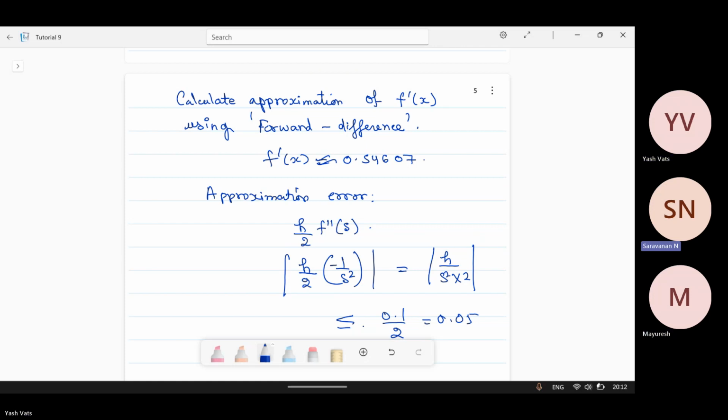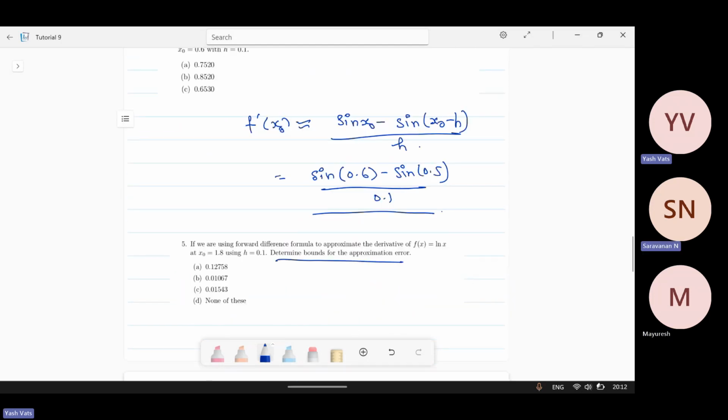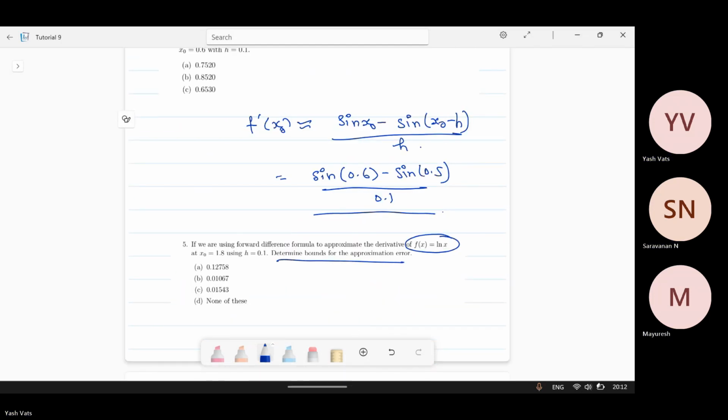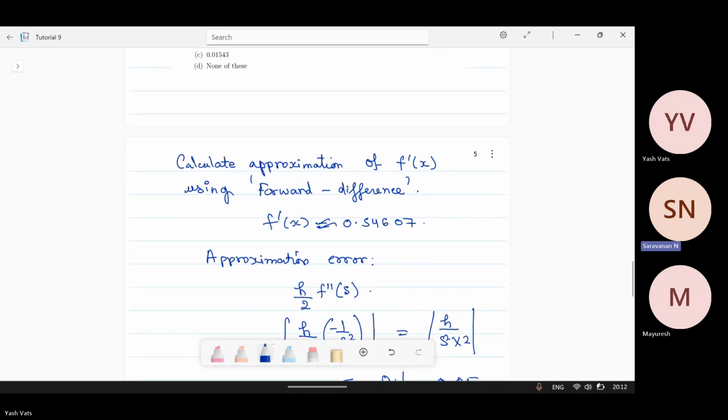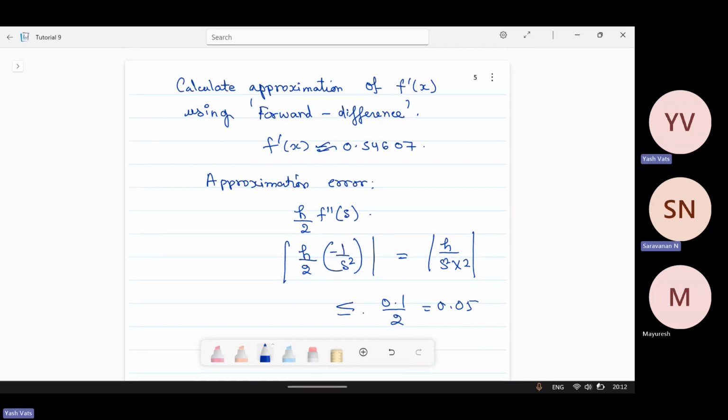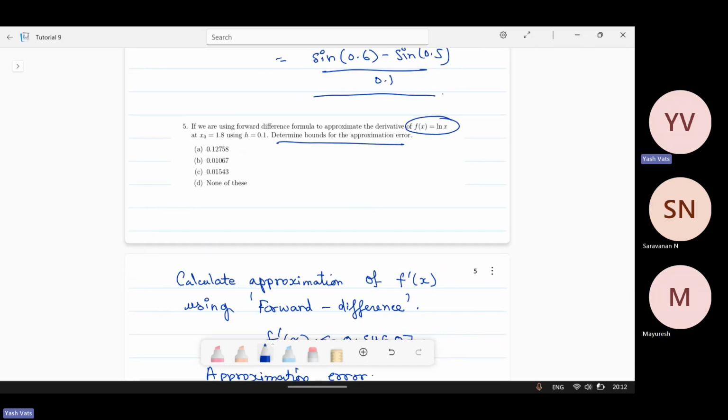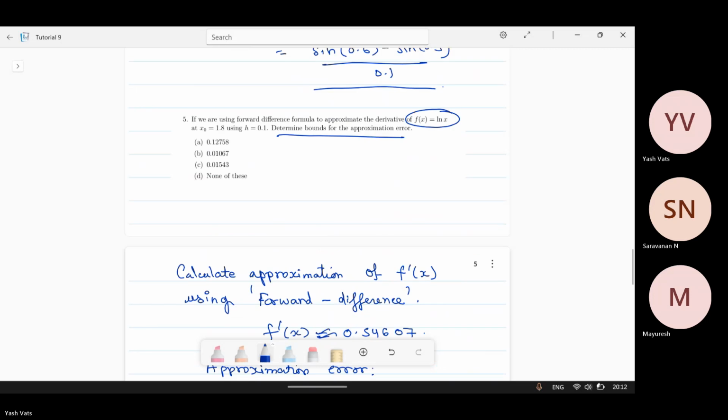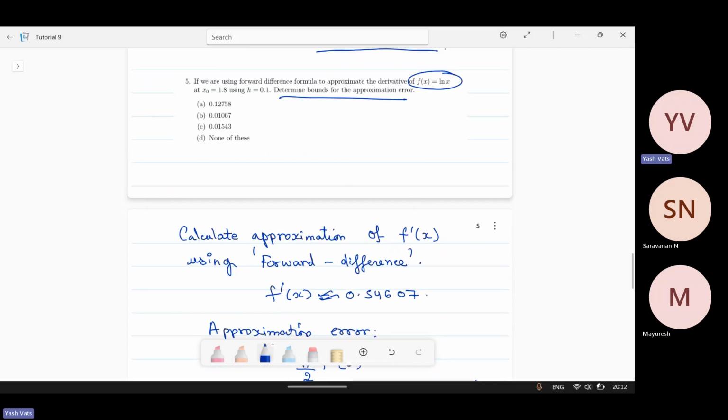That f double dash of s becomes minus 1 by s square because f(x) is ln x, its first derivative is 1 by x, and its second derivative is minus 1 by x square. Okay, fine. So if the error bound is this, what are the suitable bounds you can take? It should be greater than or equal to, I don't know.